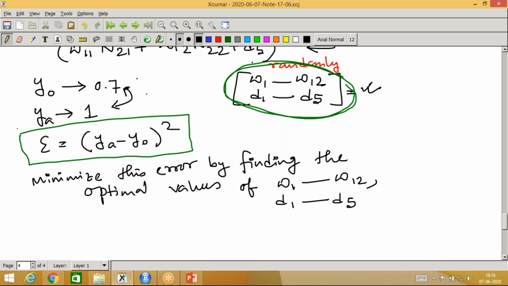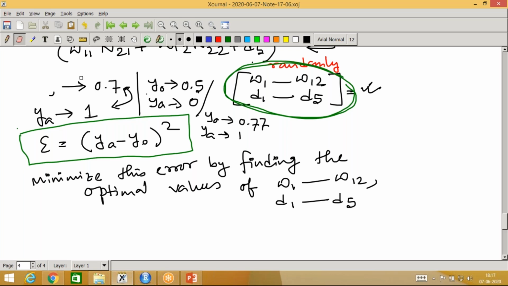0.7 and 1 are just examples. In the next row, it can be 0.5 and 0. In the next row, it can be 0.77 and 1. These are all examples, not actual values.